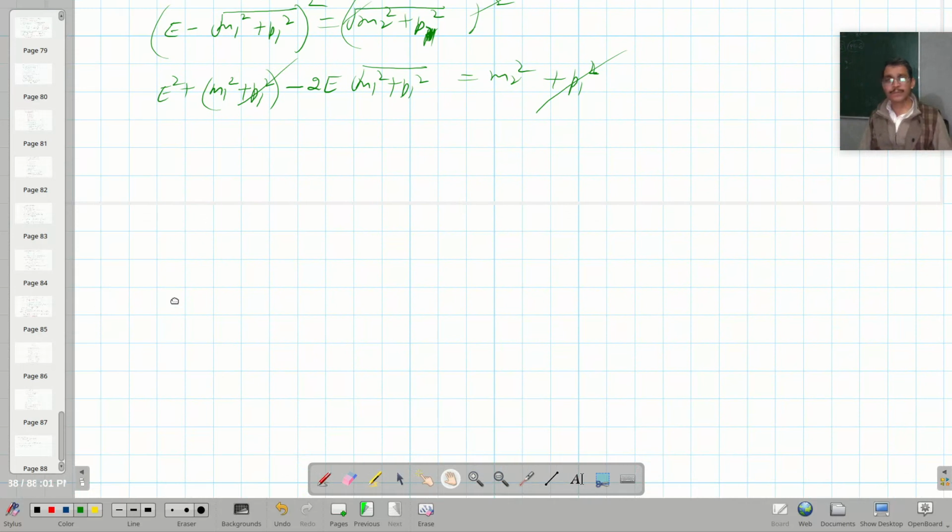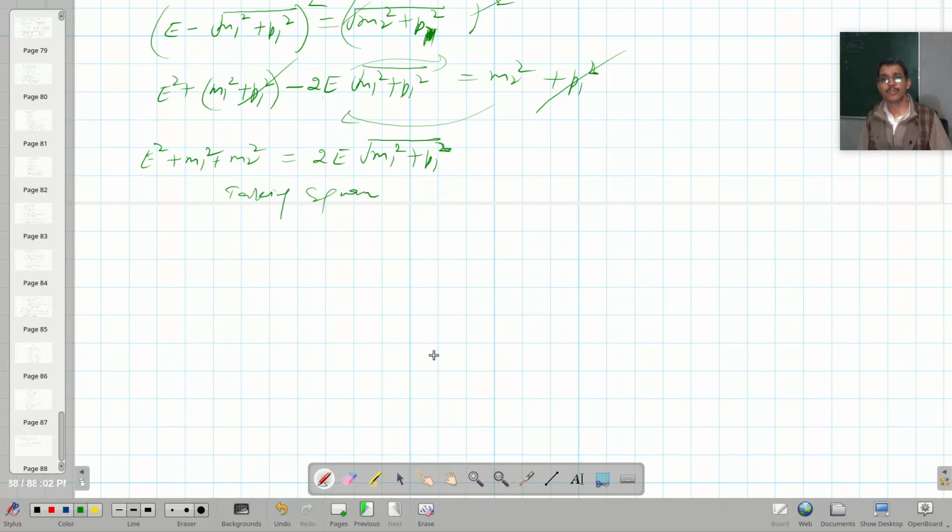So now this E square plus m1 square, bring m2 square towards this side, is equal to, bringing this towards that side, twice of E times square root of (m1 square plus p1 square). Now again taking square on both sides, this part can be written like this: (E square plus m1 square minus m2 square) whole square.